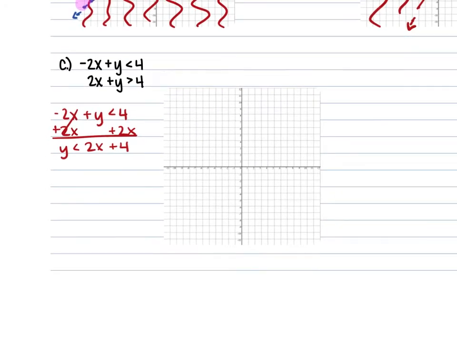Because this is in slope-intercept form, I can graph this line. I'm going to have a y-intercept of (0, 4), so I plot my first point at that 4 on the y-axis. And I'm going to go up 2 to the right 1. Up 2 to the right 1. I'm also going to go down 2 and to the left 1 as well.